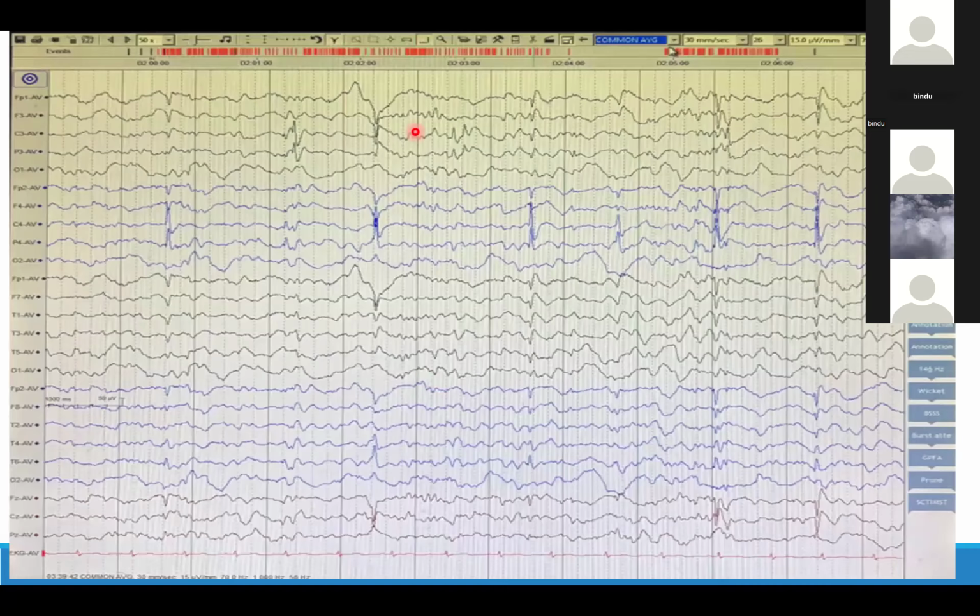The patient has well preserved spindle architecture, but the record was amounting to ESES.